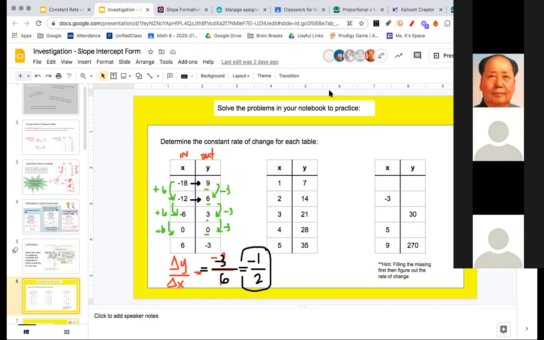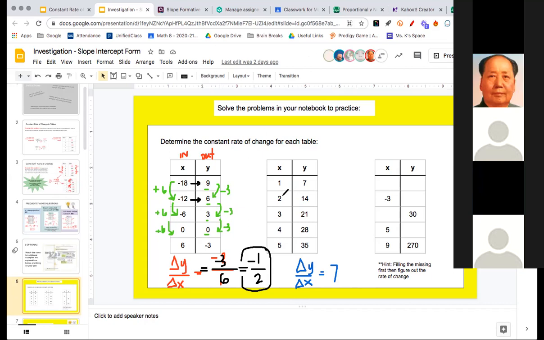Is it 7? Yeah, and can you tell us how you figured it out? That 1 times 7 is 7, 2 times 7 is 14, and so on. Yep, totally. Okay, and then how else does the rate of change show up?